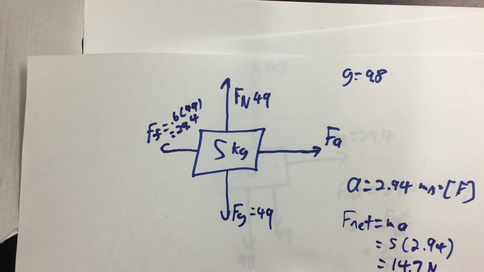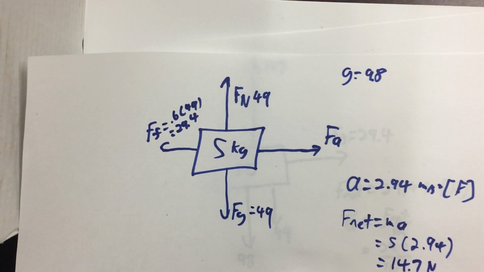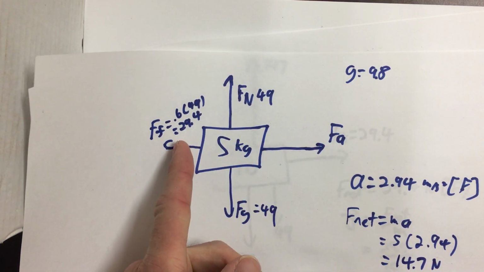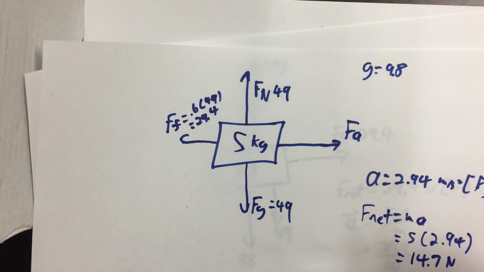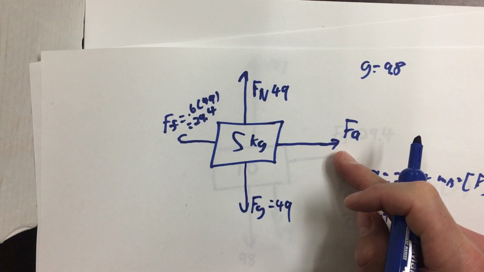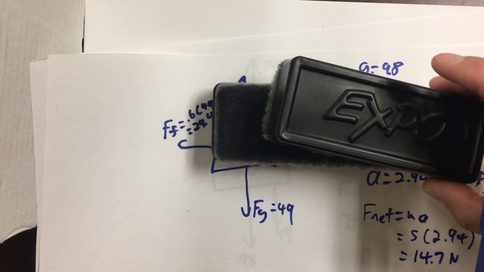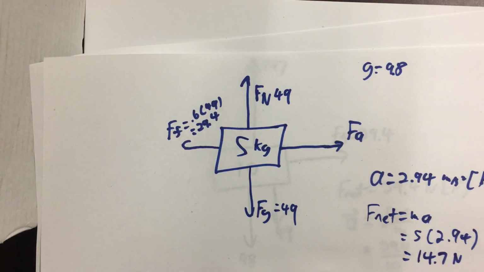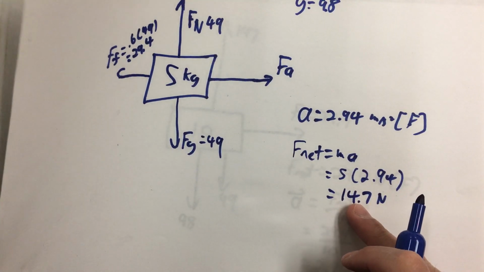Now, where does that fit in here? Is FA 14.7 newtons? No. Put 14 in here with 29 pulling back, and that will imply to you that friction is greater than the applied force, and when I pull forward on this block, it actually accelerates backwards. That's not what's happening. This is the net force.